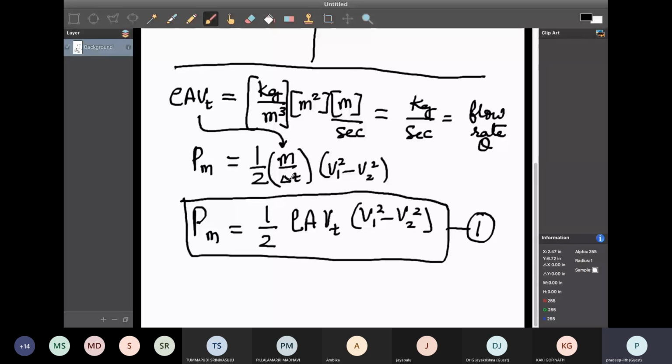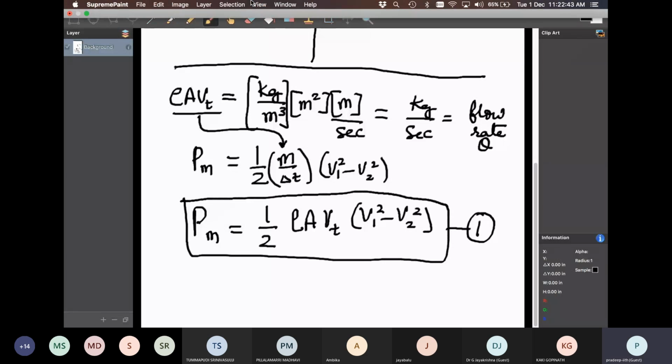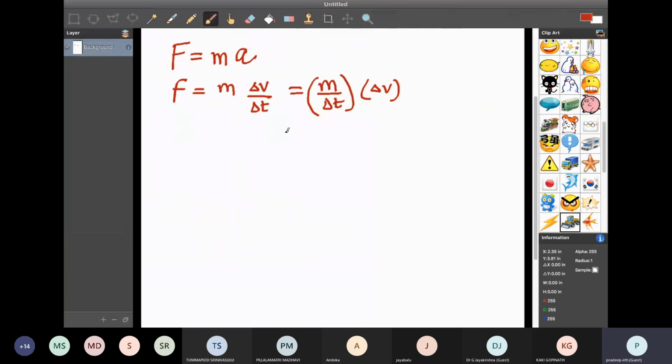Here you can see m by delta t is nothing but this quantity, rho A Vt. So this one will become rho A Vt, and change in velocity is nothing but V1 minus V2. So this is the force.